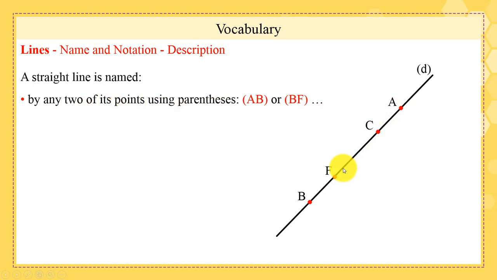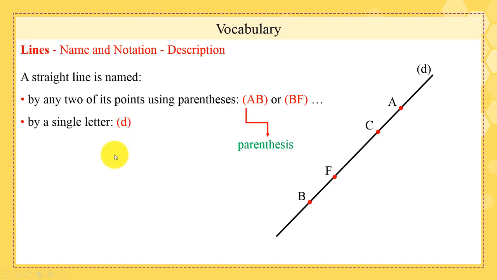Take 2 points on this straight line, for example, point A, point B, so its name will be (AB), and put them inside parentheses. Or (BF), this is point B, this is point F, and put it inside parentheses.